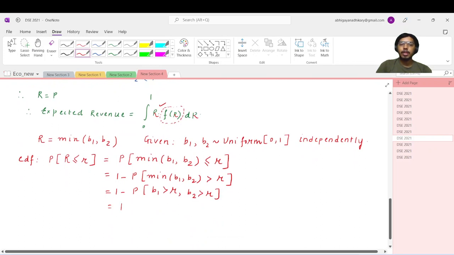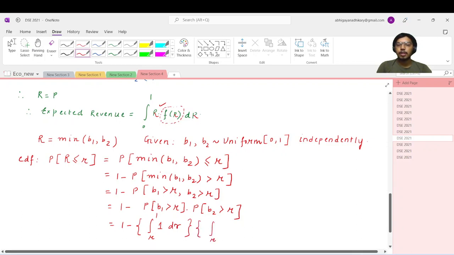Since both of them are independent, this will become probability B1 greater than r times probability B2 greater than r, right? So 1 minus, what does this become? Probability B1 greater than r means integral from r to 1 of 1 dr, since B1 and B2 follow independent uniform 0, 1, and similarly this will be r to 1, 1 dr. So this is essentially the same.